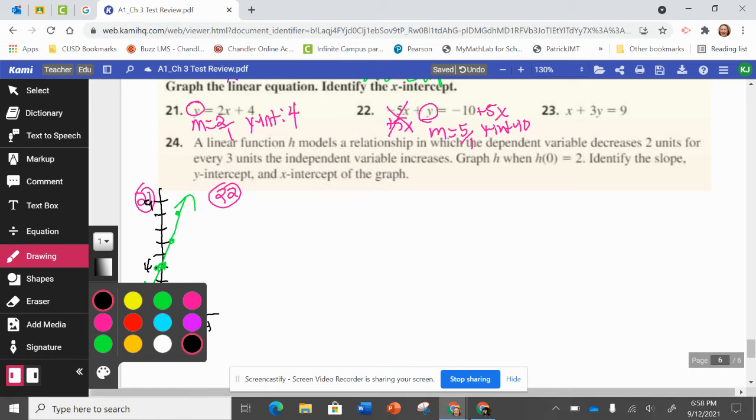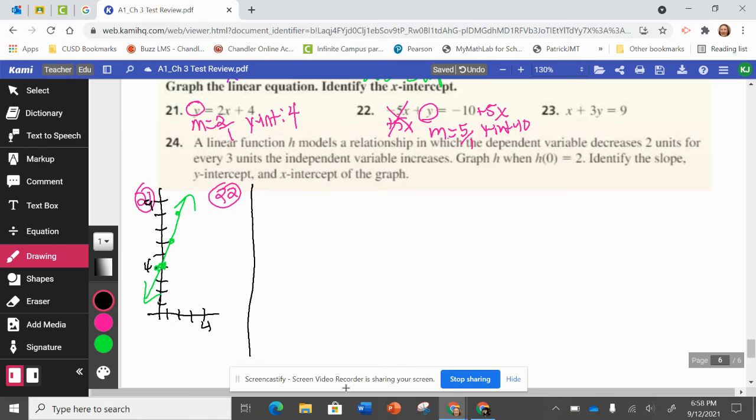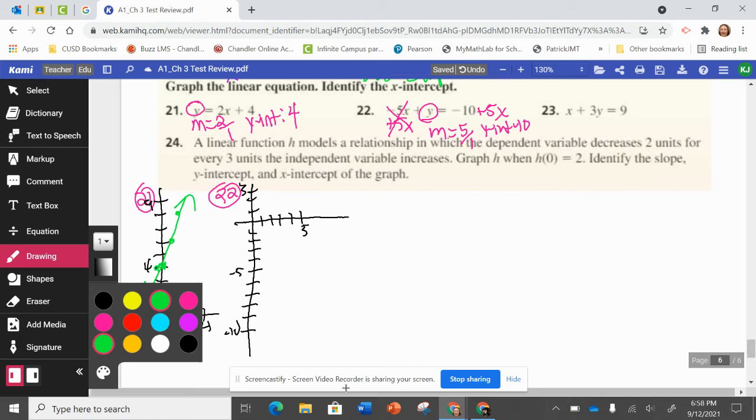We could also have done finding x and y intercepts for that one, if that was something that you would rather do. And so I'm plotting -10 for my y-intercept. My slope, up 5, right 1. Up 5, right 1. And connect those dots.